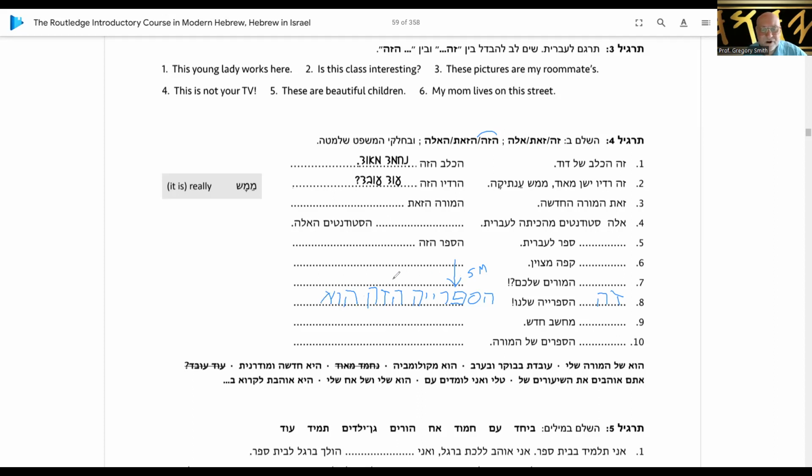Okay, so hasifriya hazeh, this library, it is what? How about like very old or something like that? Okay, yashan me'od. Very old. ישן מאוד. Yashan me'od. It is very old.